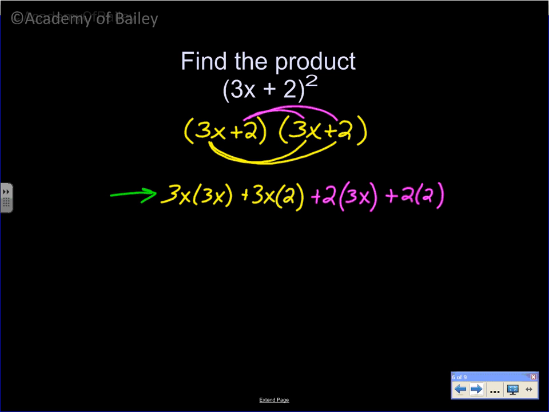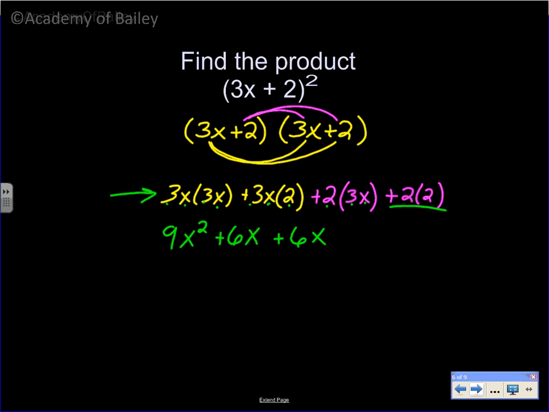So let's look. Let's go ahead and multiply some things. 3 times 3 is going to be 9, and x times x is x squared. Positive 3 times positive 2 is a positive 6, and bring down your x. Positive 2 times positive 3 is a positive 6, and bring down your x.